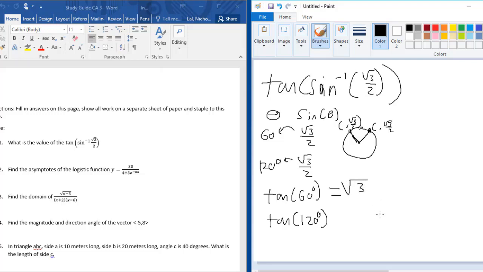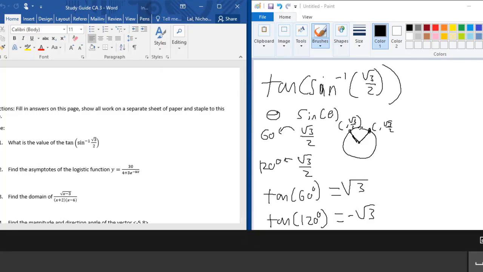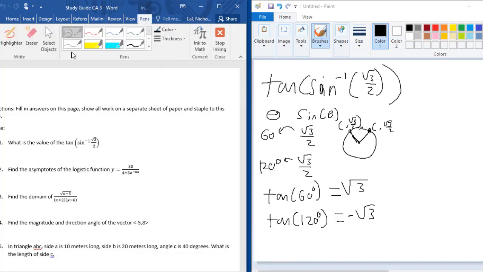And the tangent of 120 degrees is going to be equal to the negative square root of 3, because these are both reference angles. So the answer choices here for the value of the tangent of the inverse sine of root 3 over 2 would be the square root of 3 or the negative square root of 3.